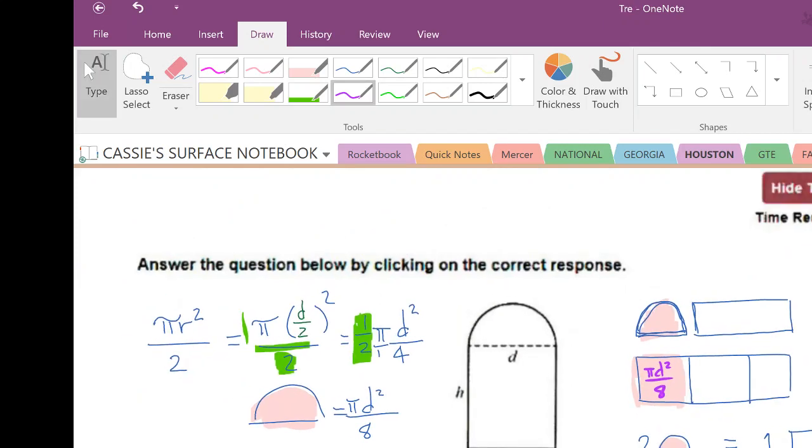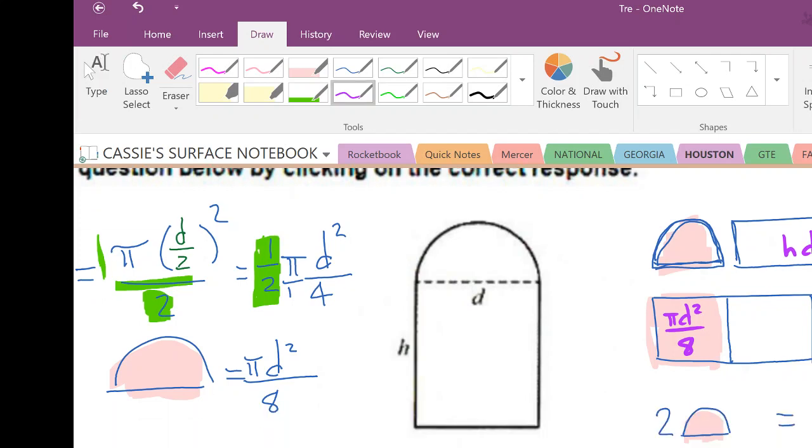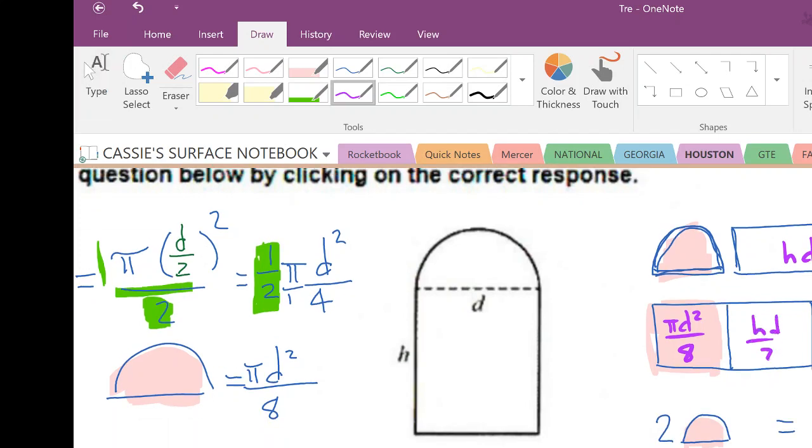Now then, the rectangular region. The rectangular region's area is going to be h times d, so hd. Each one of these is hd over 2. So if you want, you can say that pi d squared over 8 equals hd over 2. Or you could say that 2 pi d squared over 8 equals 1 hd.